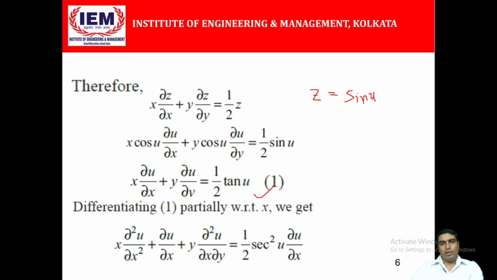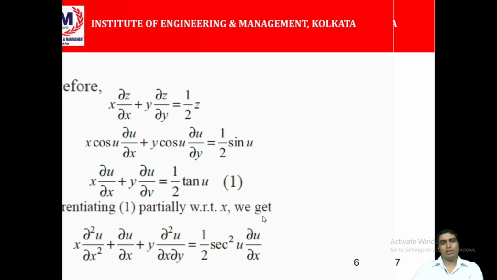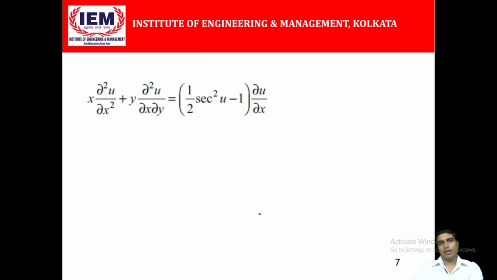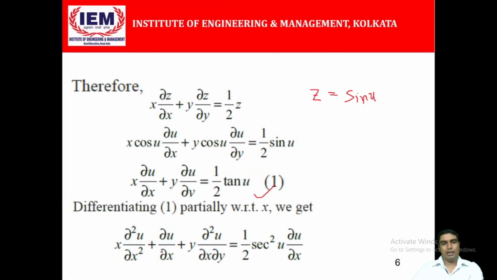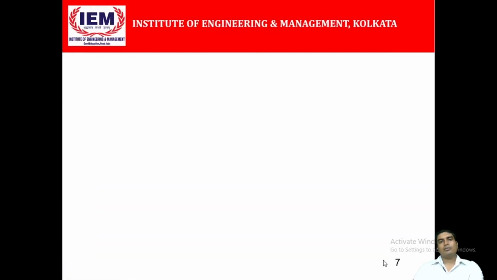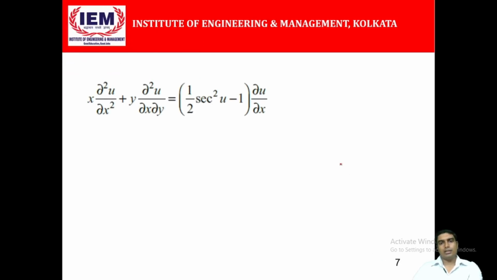Before that I just change the side, because del u del x is there, so I take common del u del x, and then I'll get this equation.